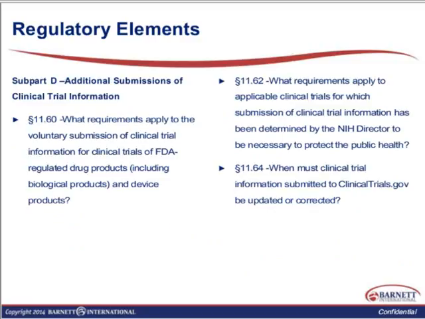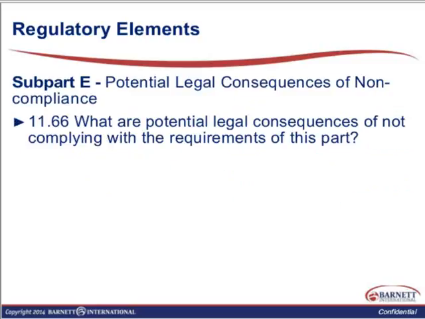There are certain requirements, but you can do voluntary submission of your studies. We've seen this in the past with some sponsors who have registered their phase 1 studies, even though under FDAAA that was not a regulatory requirement. And then we also have to be mindful that there are potential legal consequences of noncompliance. We'll discuss those as well, and those can be pretty hefty.